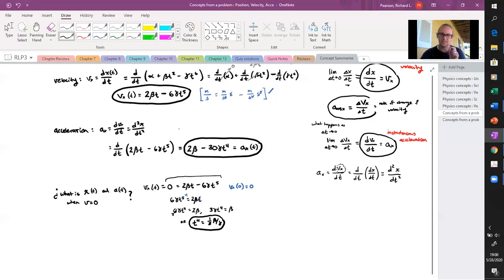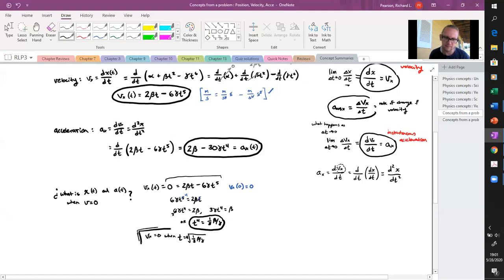And specifically, the velocity is equal to 0 when time is equal to the 4th root of 1/3 beta over gamma. Those are the times, or that is the time, in addition to 0, when the velocity is 0.